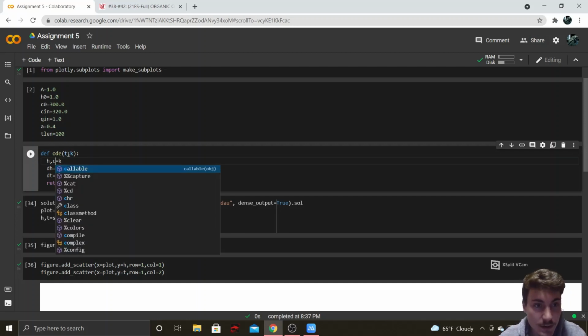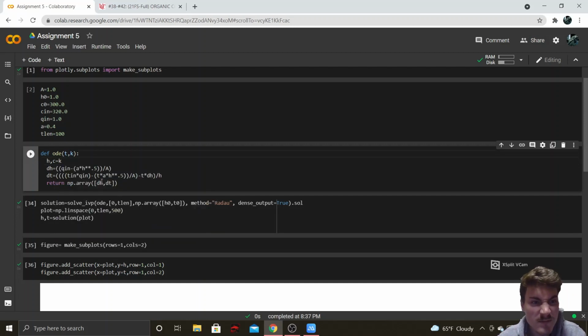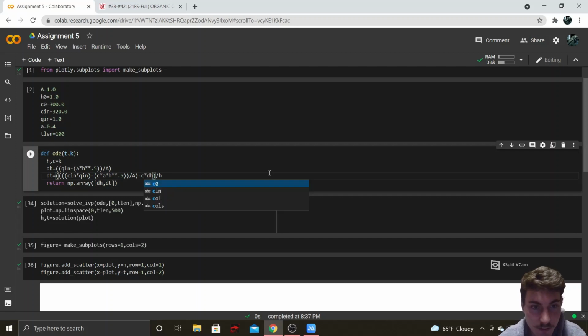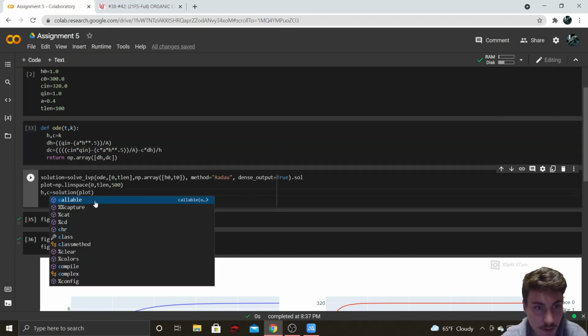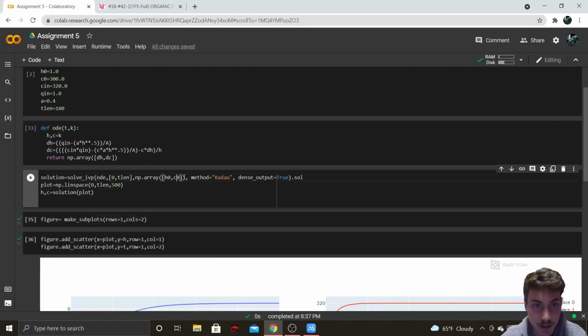So a concentration and temperature, that's Cn, that's C, and then DC, and then the same. This is DC, time length, concentration.